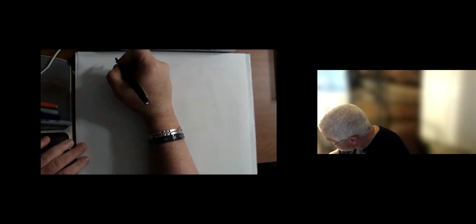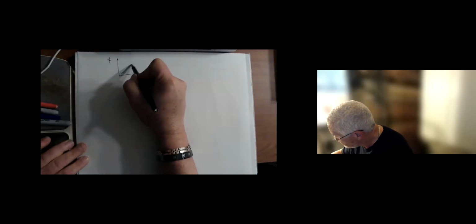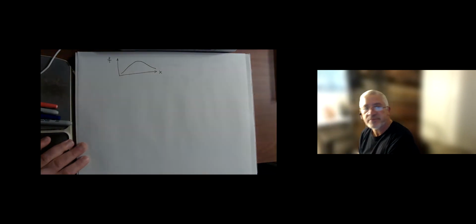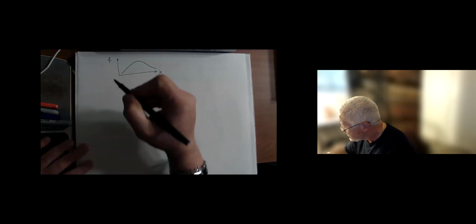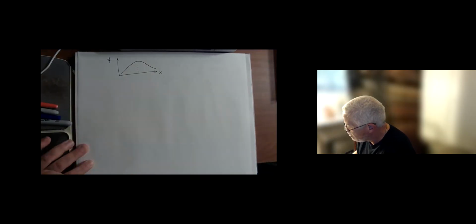I'm going to start the discussion by saying, let's assume I have a function f of x, and let's assume the function looks something like this. Clearly what I'm drawing has a maximum here.